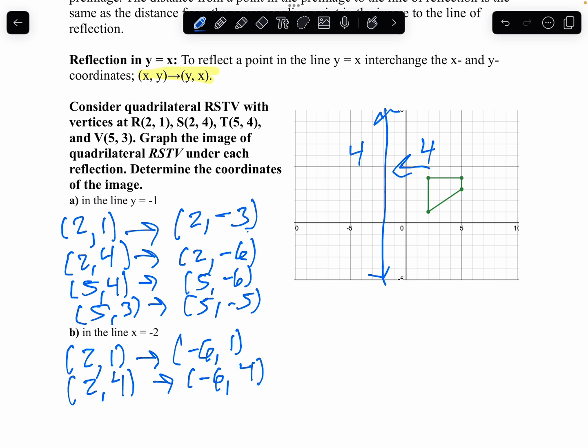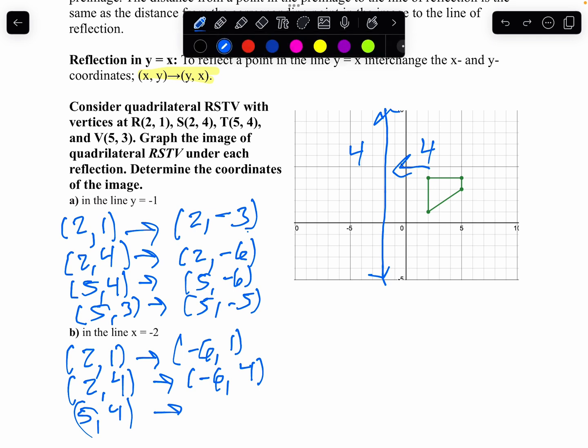Then if I take 5, 4, how far is it from 5 to -2? Well, that will be 7, won't it? Maybe let's use a different color here. So I'm going to move it 7 left of -2.